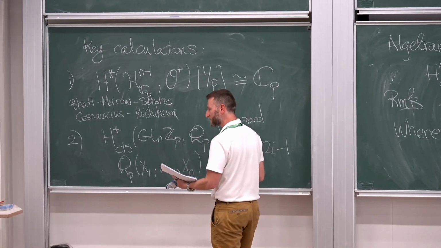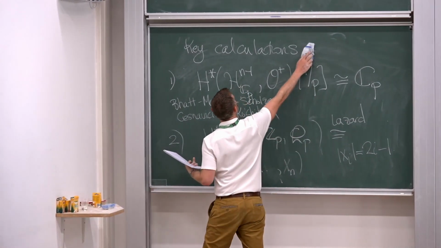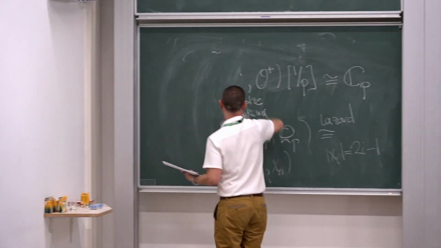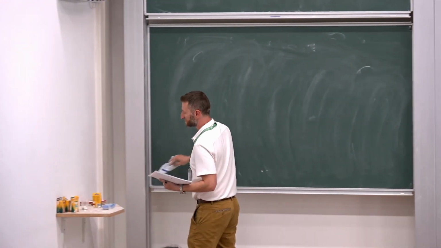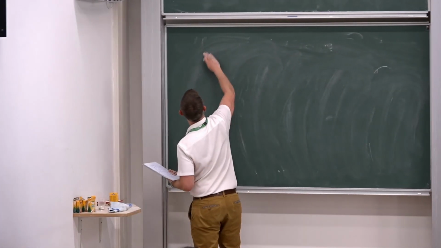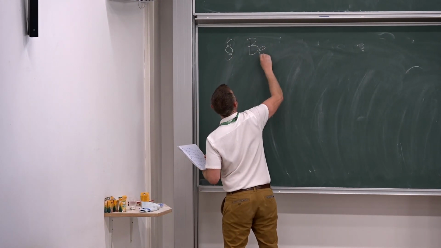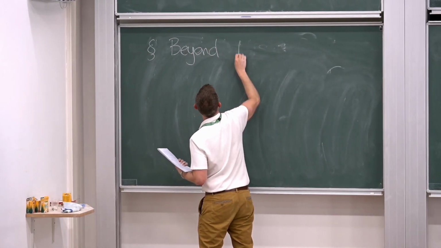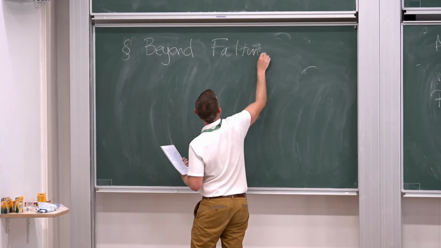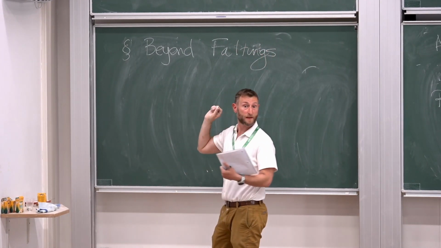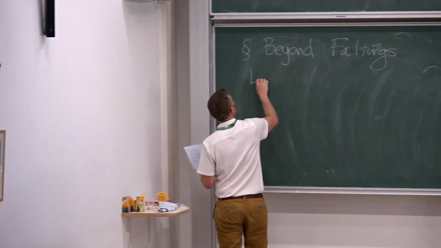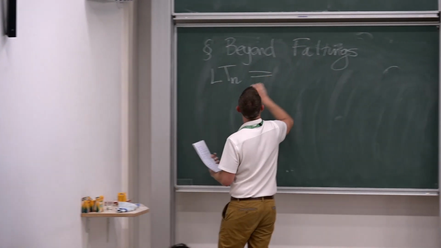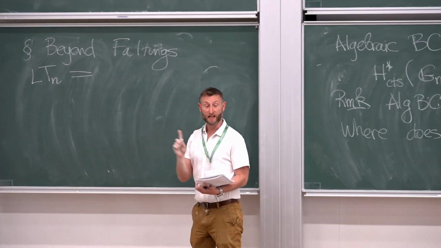All right, so beyond Faltings. Remember what I had written about Lubin-Tate space at height n.